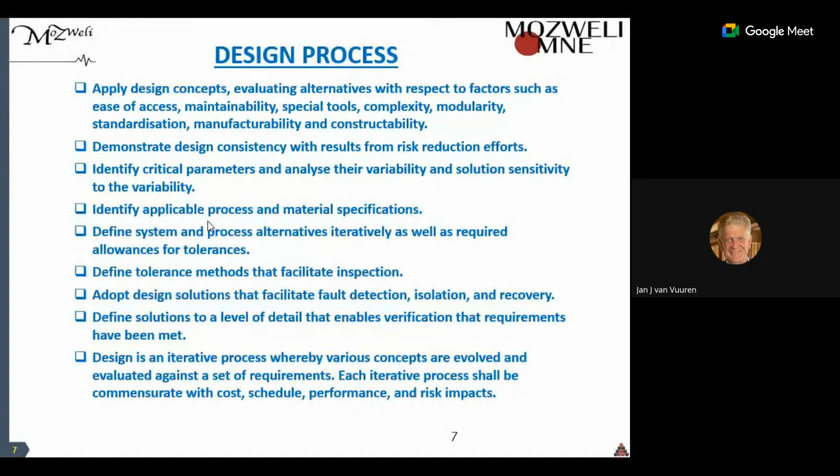We design the system and process alternatives iteratively, as I mentioned before, and to allow for tolerances, because there are always tolerances that we can allow from the mechanical process side to still be within our envelope.